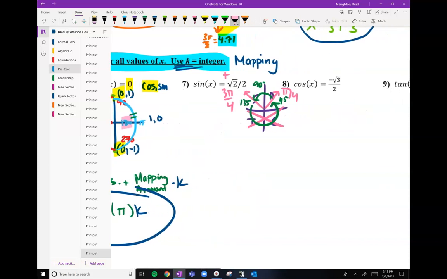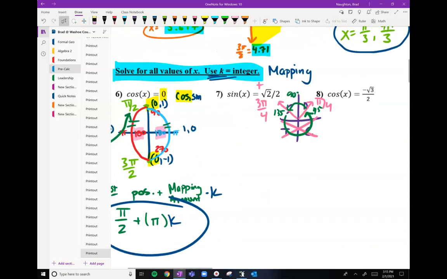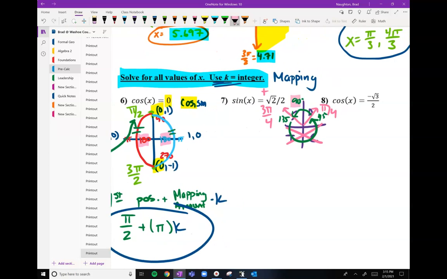Not so much on here because I go from 90 to 270. So clearly those aren't congruent. So we're going to take our first answer, which is pi over 4 plus 2 pi k, and then 3 pi over 4 plus 2 pi k for our answer on that one.